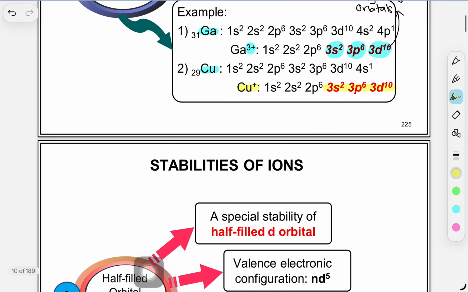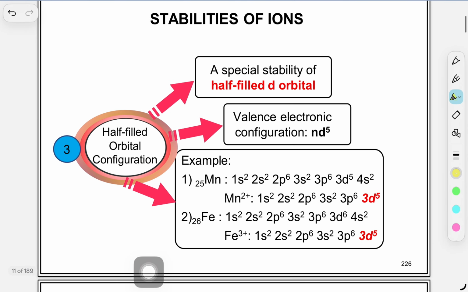And finally, we have half-filled orbital. We saw this clearly in the formation of Fe3+. And here, there's another example, Mn2+. So Mn had the configuration 1s2, 2s2, 2p6, 3s2, 3p6, 3d5, 4s2.